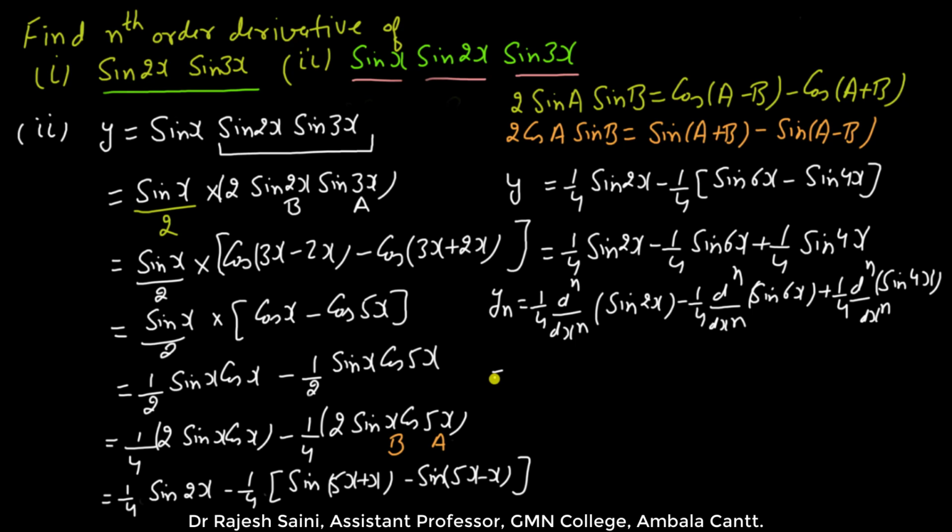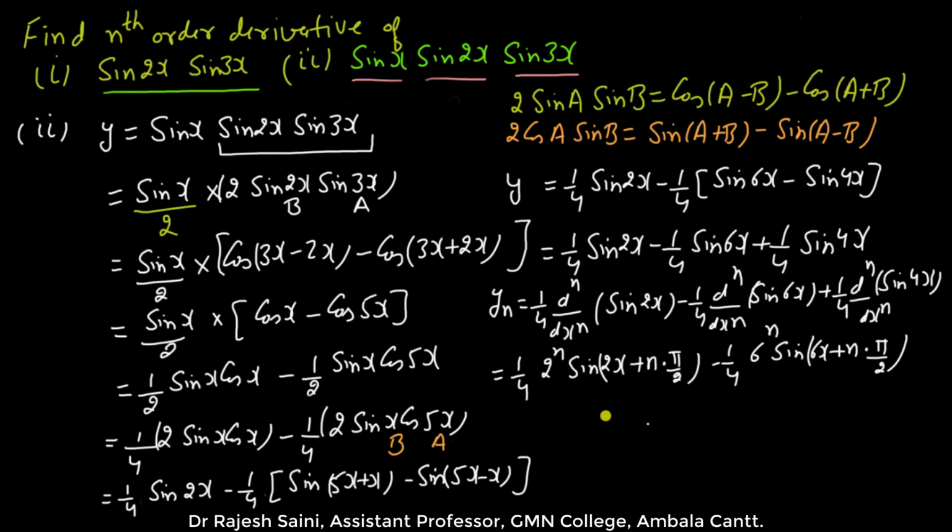So this will be 1 by 4 sine 2x. What will be its nth order derivative? It will be 2 raised to the power n, and sine 2x as such plus n times pi by 2, minus 1 by 4, coefficient of x is 6 raised to the power n sine 6x plus n times pi by 2.